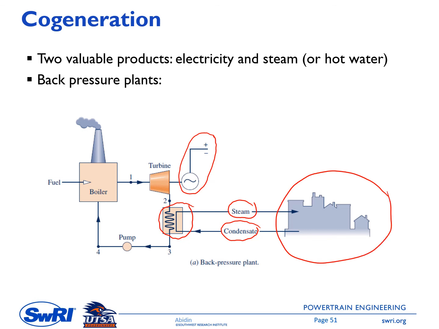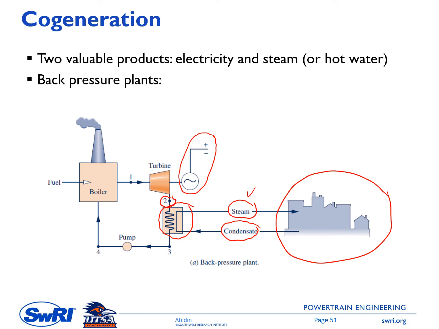So this is a popular system, especially in areas with a strong winter season, like in New York or in the northern part of the United States. This cogeneration type is called a back pressure plant because we can adjust the amount of steam energy by adjusting the pressure at point 2.